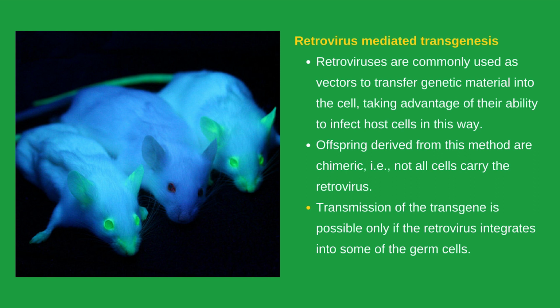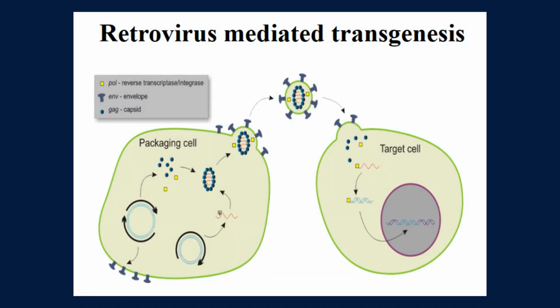Offspring derived from this method are chimeric, that is, not all cells carry the retrovirus. Transmission of the transgene is possible only if the retrovirus integrates into some of the germ cells. In this pictorial representation, you can see the retrovirus mediated transgenesis.